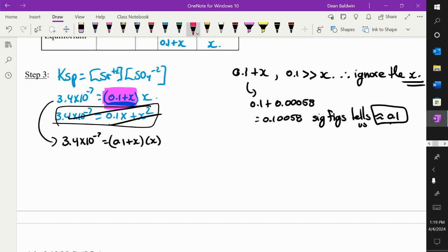Okay? So you're going to say x is much, much smaller than 0.1. Therefore, we can ignore. You don't have to say the ignore, but you can just say x is less than twice 0.1. So this equation becomes 0.1x. All right? That x is gone.